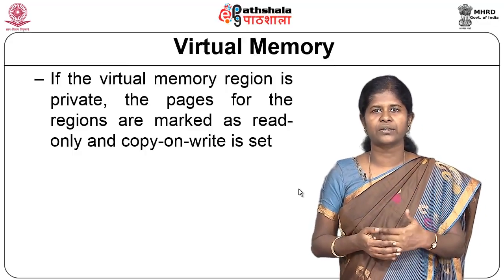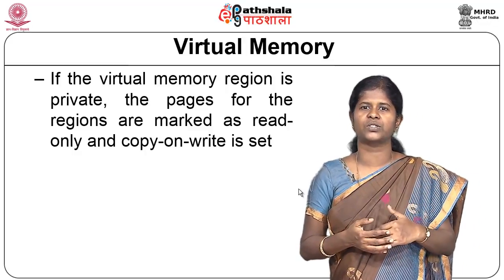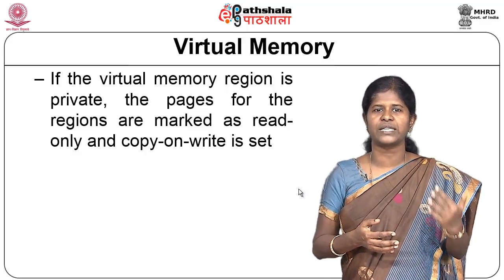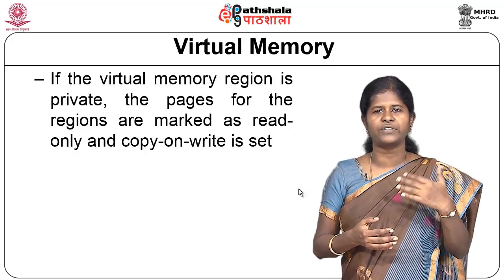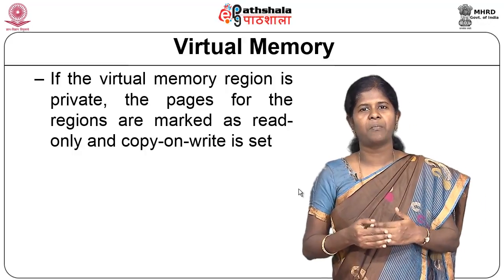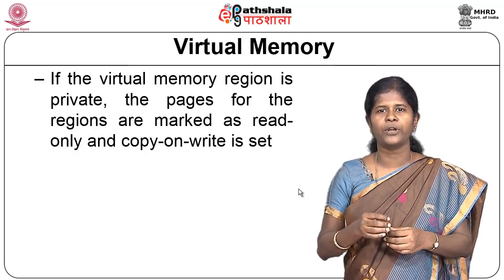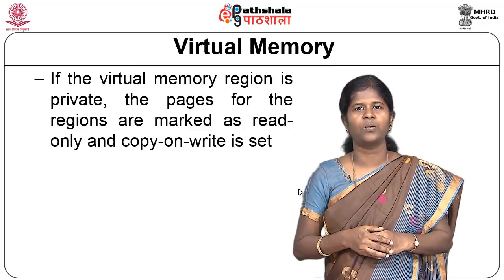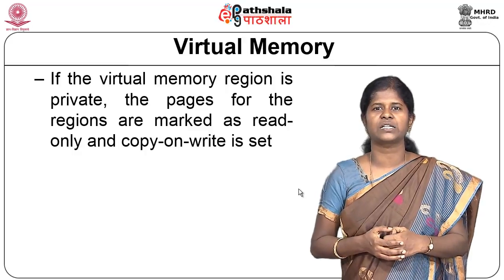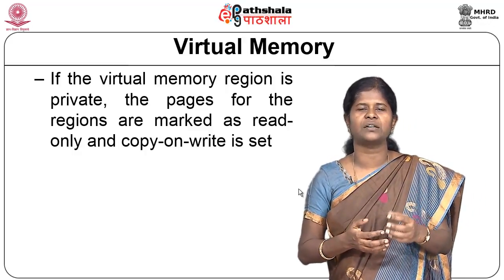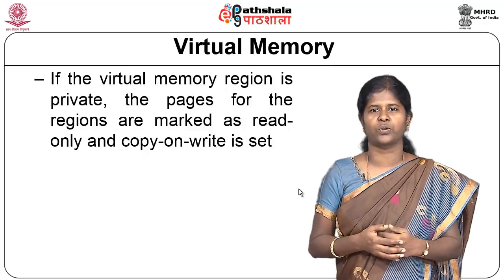Now, when the child is created as a part of fork, the child is also going to use the same data region, so what is done is that initially the copying of the data region is not done, but the data region is marked as read only and the copy on write bit is set. Now, say the parent is trying to write into that region first, then a copy will be created for the process which is trying to write and it will work on its own copy.